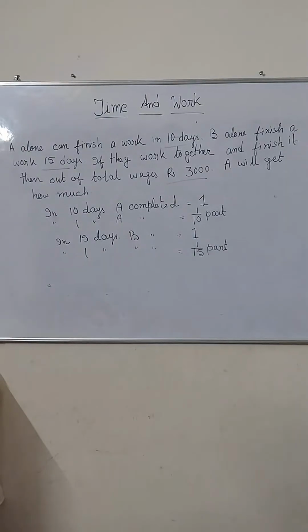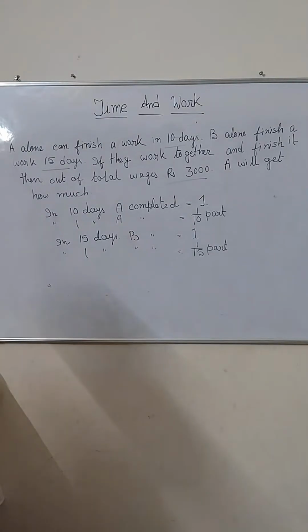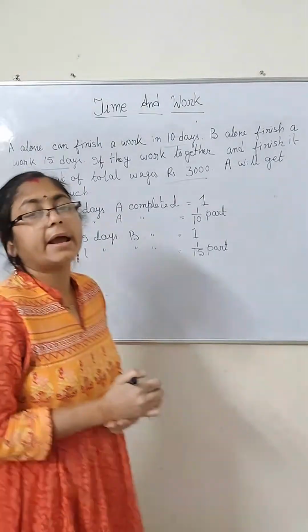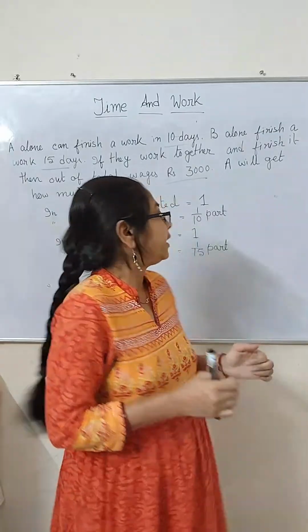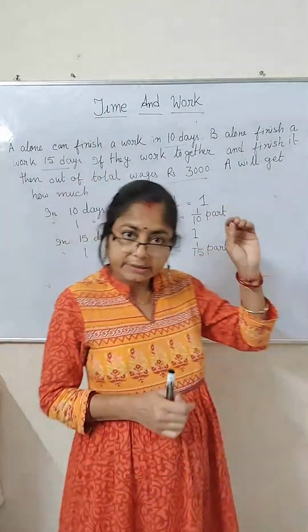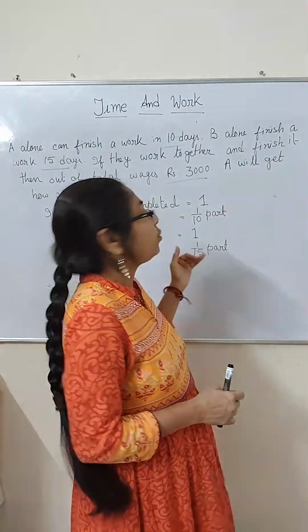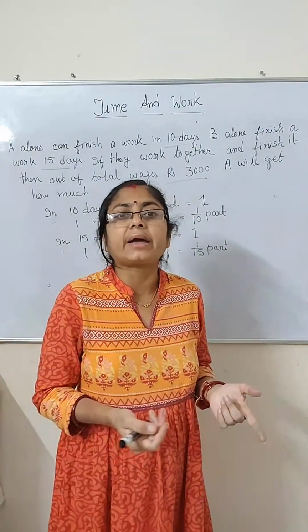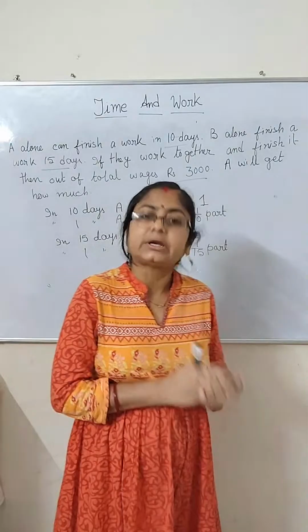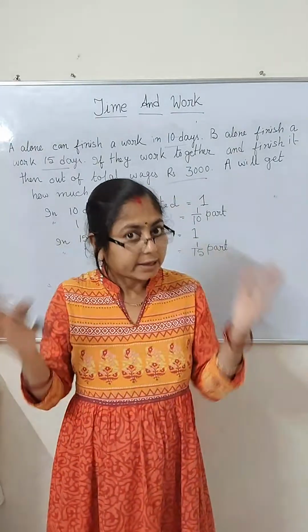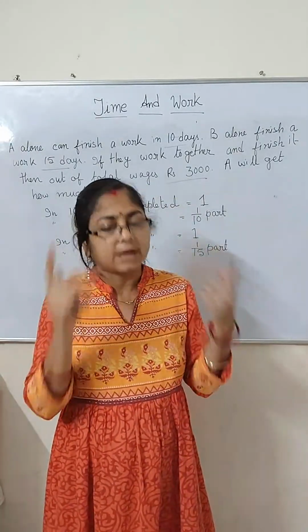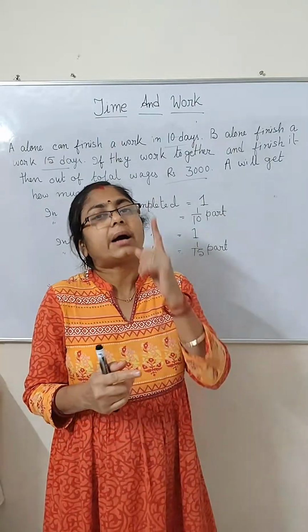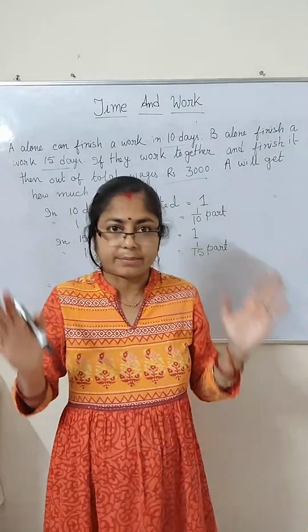One by 15 part. Question है, आप सोचिए, A ने 1/10 पार्ट किया, B ने 1/15 पार्ट किया, तो जो जैसा काम करेंगे वेजेस तो उसको ऐसा ही होना चाहिए ना. जो ज्यादा काम करेंगे उसका पैसा ज्यादा होना है, जो कम काम करेंगे उसका पैसा कम होना है.